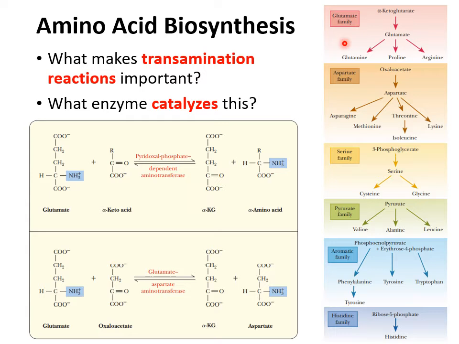And so then the reductive amination of alpha ketoglutarate, so alpha KG in these figures, can then be a way to replenish. Okay, because these transamination reactions are reversible, and so you can go back and forth, as you can see in this figure and this figure. Okay, so it's a nice way to cycle nitrogen when it's limited.